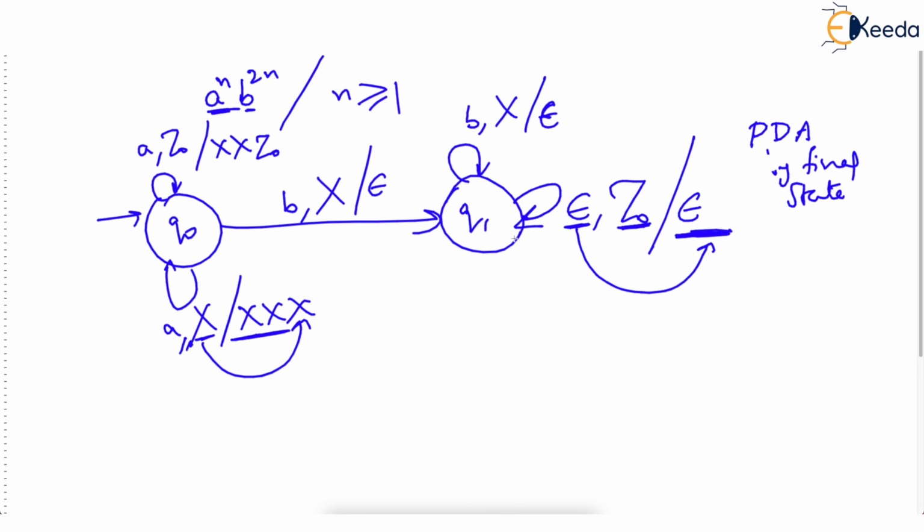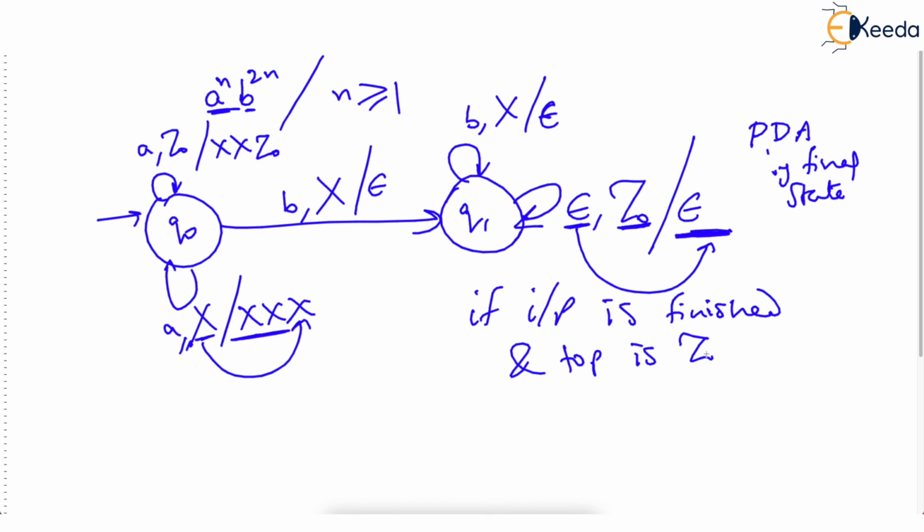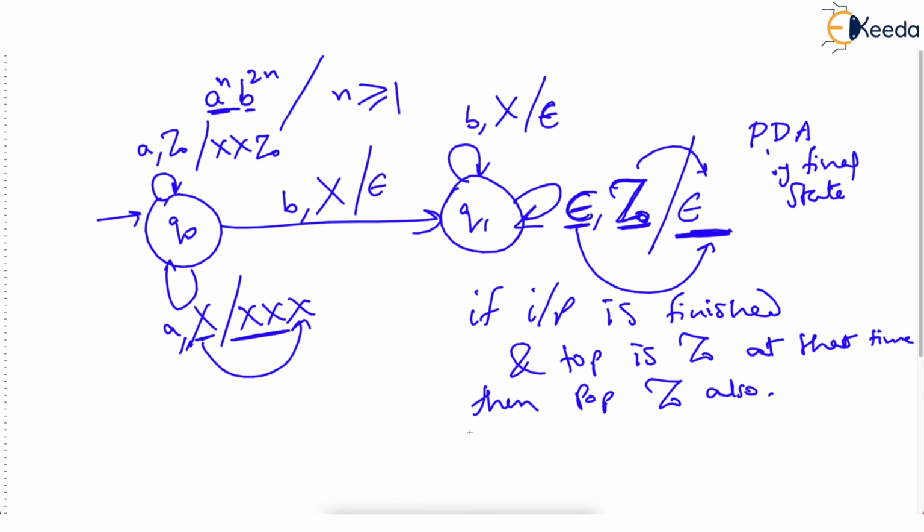So if the input is finished and the top is Z0 at that time, then pop Z0 also. If you pop this Z0, then the stack will be empty.